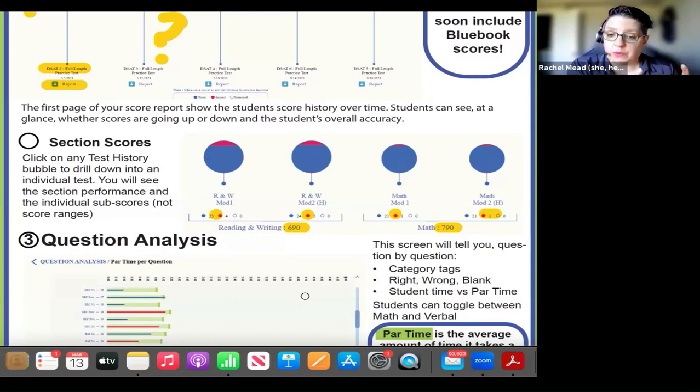Math Module 2 Easy and Math Module 2 Hard focus on different types of questions to a stronger degree, and they don't focus on the same type. So it's really important that you're understanding that distribution and where your student is so you know what questions are going to be most important for your student in order to help maximize the score of where they currently are right now.